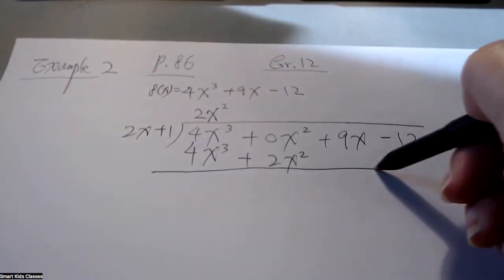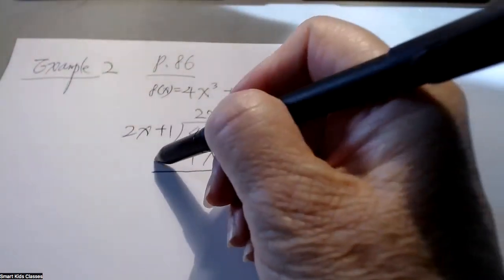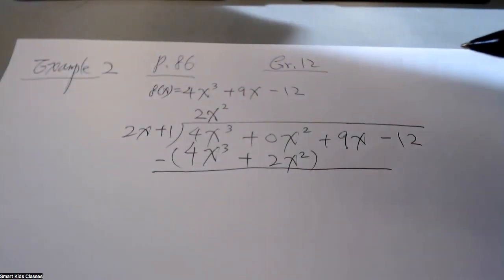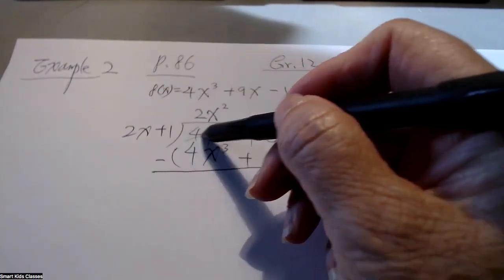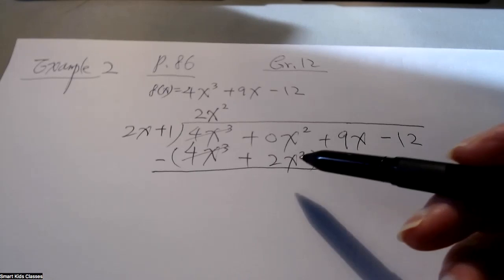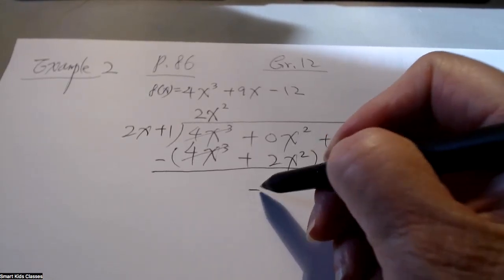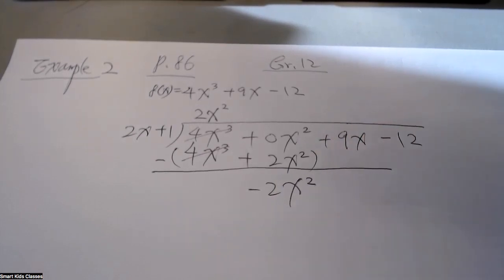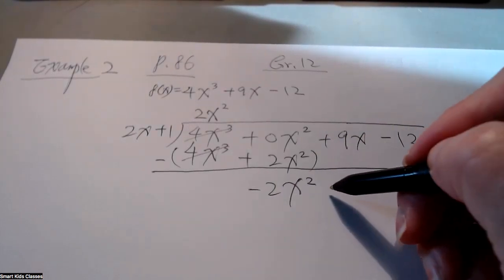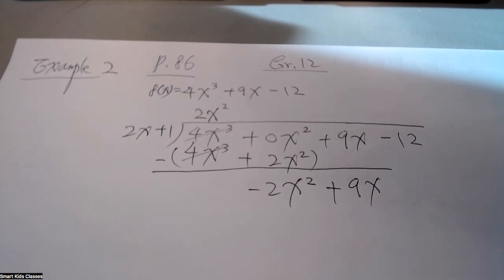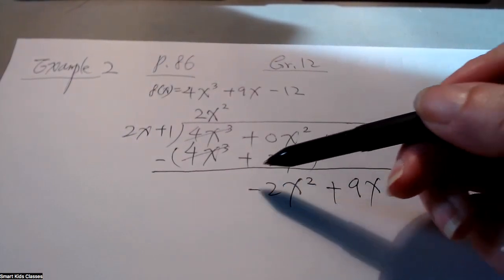And from here, we subtract. When we subtract, we cancel the first term, and these become negative. So we get negative 2x squared. Now we bring down the next term, 9x. So we cancel the first leading term.